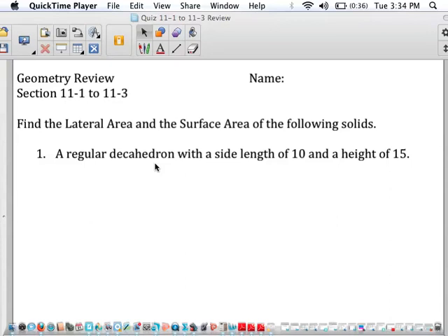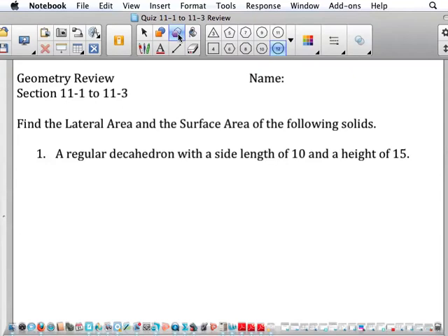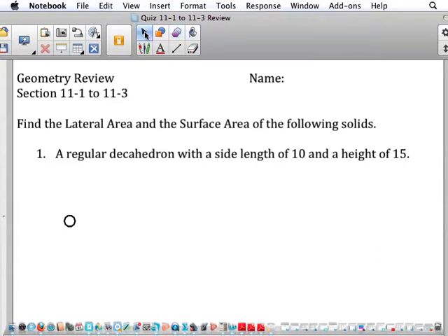Okay, the first one says find the surface area of a regular decagonal prism with side lengths of 10 and a height of 15. There were some questions about that today, so let's try and come up with a picture of what that would look like.